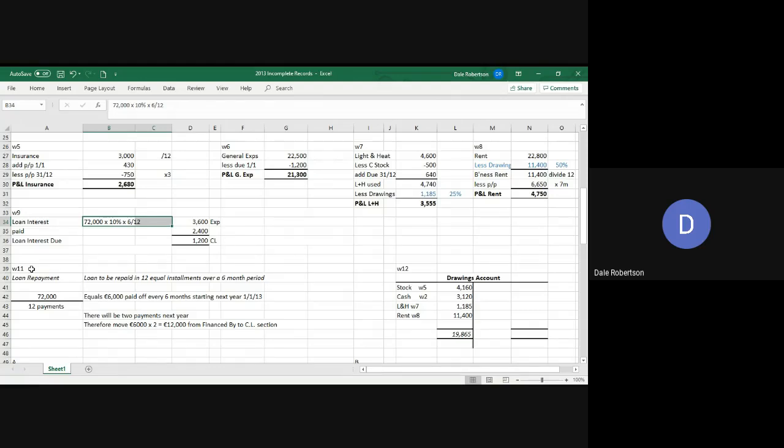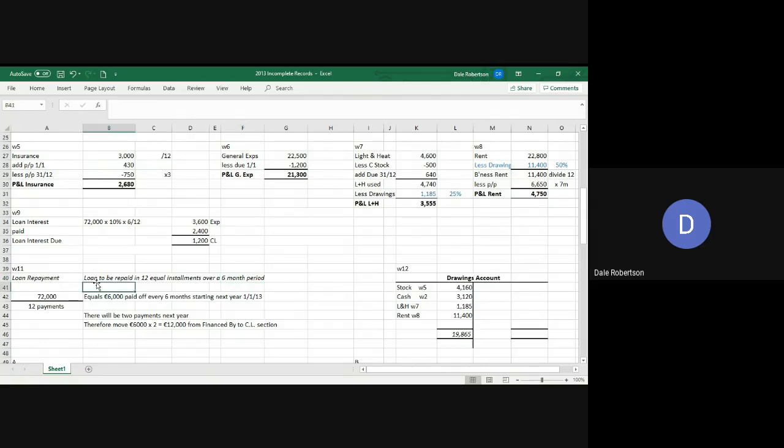Now, if you have 12 equal installments over a 6-year period, well, if you divide your loan by 12, that is 6,000 are the amounts of the equal installments, and we're paying off €6,000 every 6 months. If it's 12 payments over a 6-year, sorry, that should say over a 6-year period.